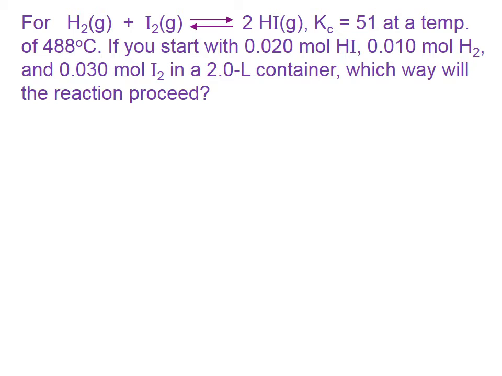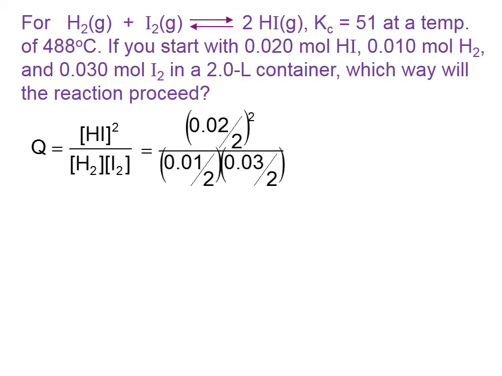So what we're going to do is calculate a value of Q. And the way we do that is to write an equilibrium constant expression, and we put in the values of concentration. Concentration is moles divided by liters. And since we're given moles and we're given liters, I've put that into this equilibrium constant expression. And this is the number that pops out, 1.3.